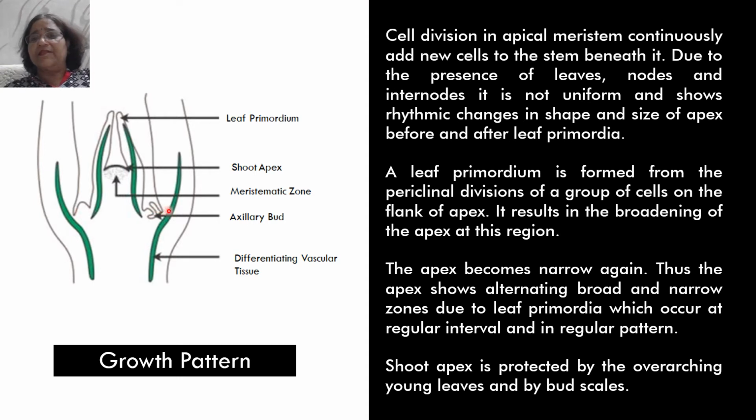So the apex shows the rhythmic movement, and the leaf primordia occur at regular intervals and in a regular pattern. Shoot apex is protected by the young leaves, young buds here.